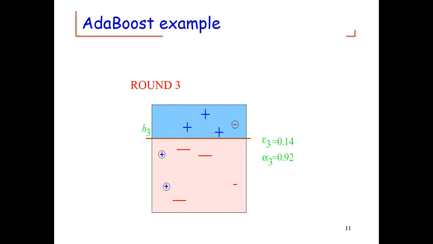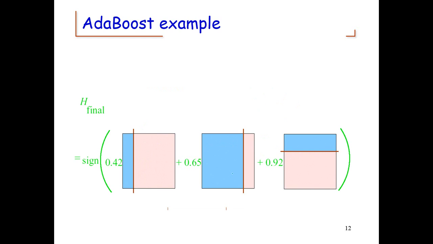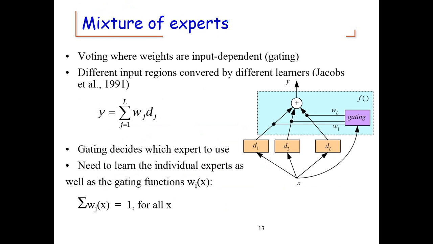If we're getting something wrong, we give more weight. If we're getting it right, we give less weight. Going by that idea, we combine them with some sort of weight, which depends on whether you have correct or wrong predictions. When you combine all three, you get to the final result. And that's the idea of AdaBoosting, or adaptive boosting.